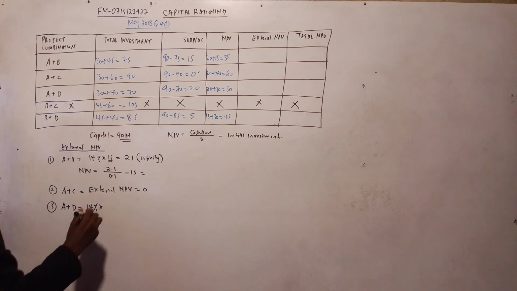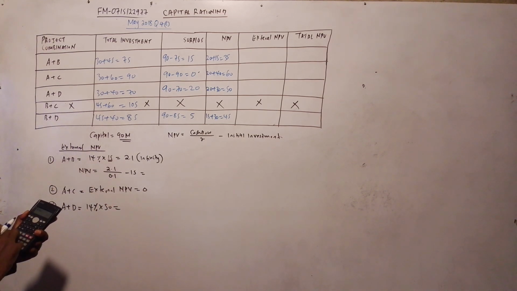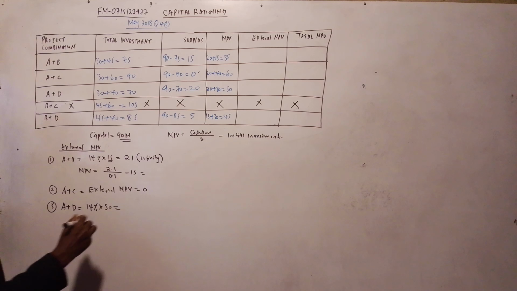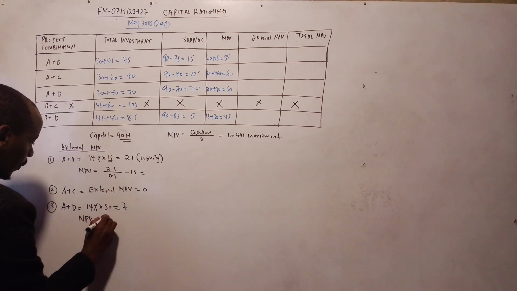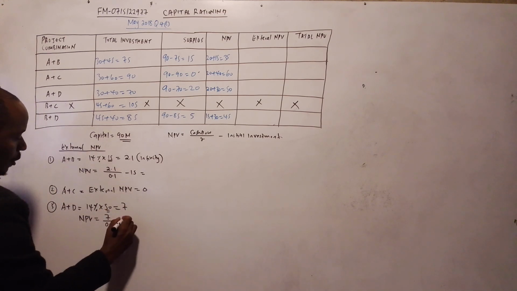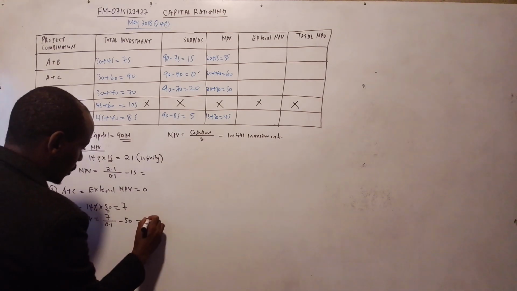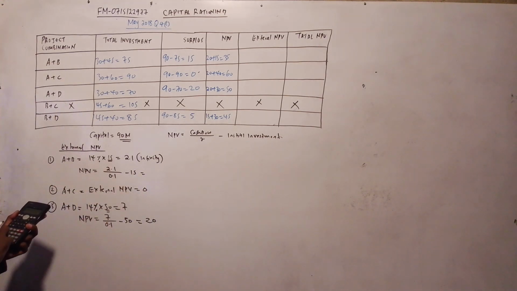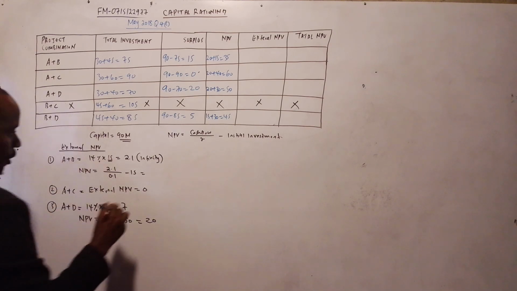So 0.14 times 50, which is 7. Meaning our NPV will be that 7 cash flow divided by 0.1 minus our initial investment, which is 50. So 7 divided by 0.1 minus 50. This is 20 first. And this is 2.1 divided by 0.1 minus 15. This one is 6.